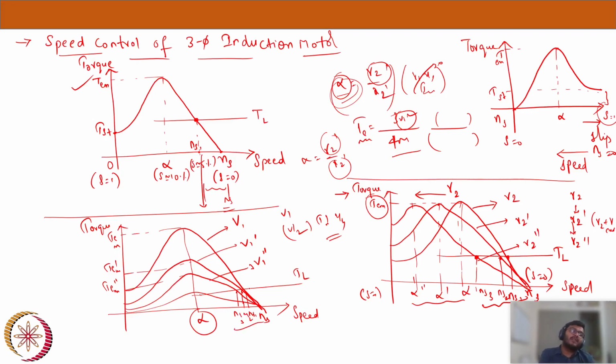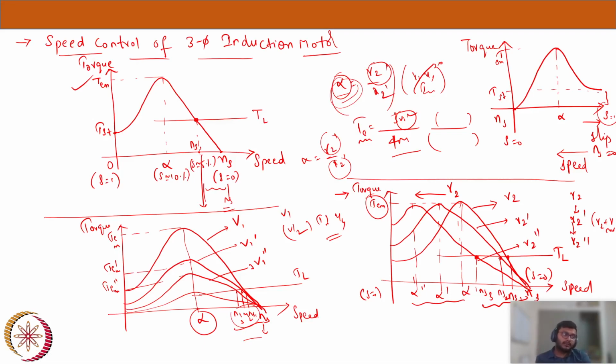Here also we are achieving speed control, but the disadvantage with this method is that we will get a very limited range of control. It's not a very wide range of control. All three speeds which we get are very close to synchronous speed. So we are not getting a wide range of speed control here.